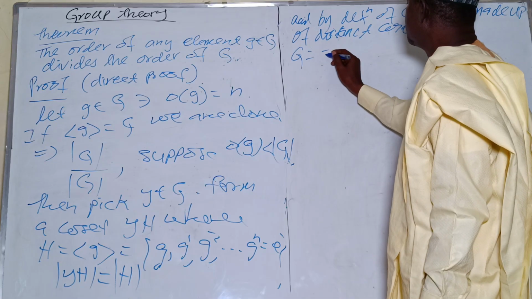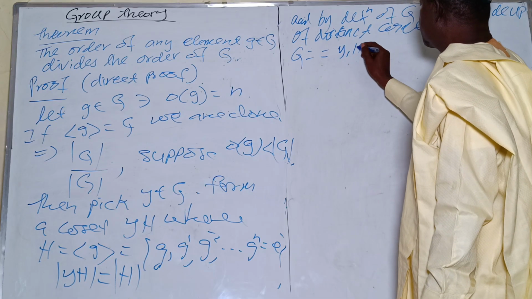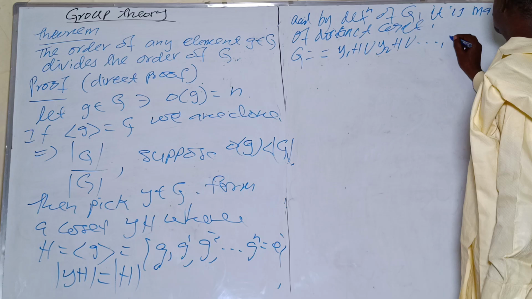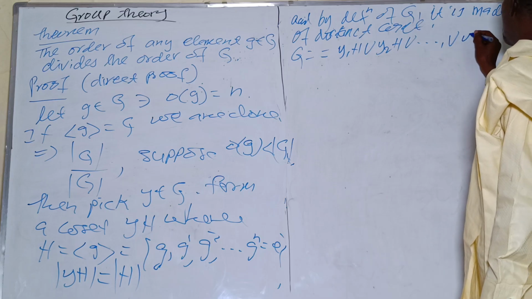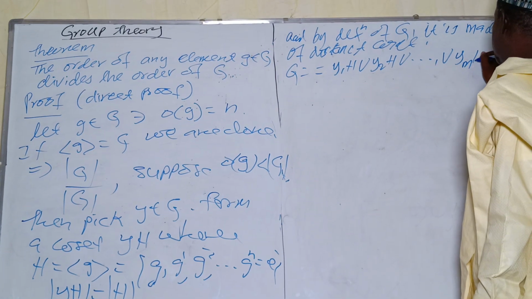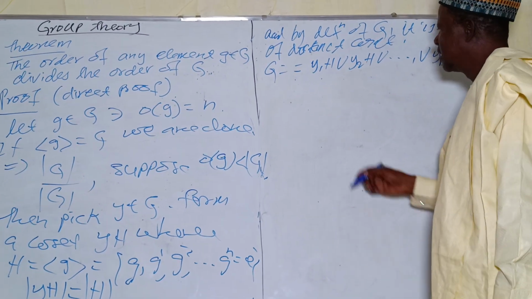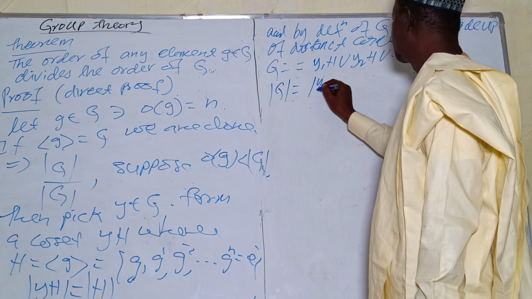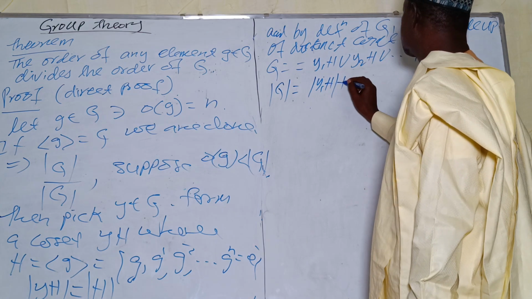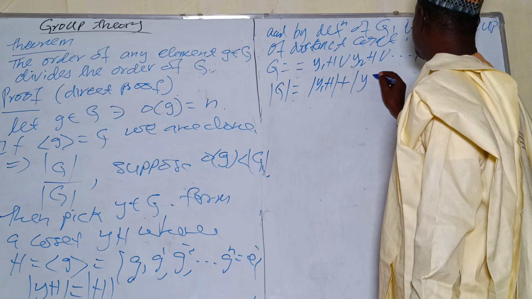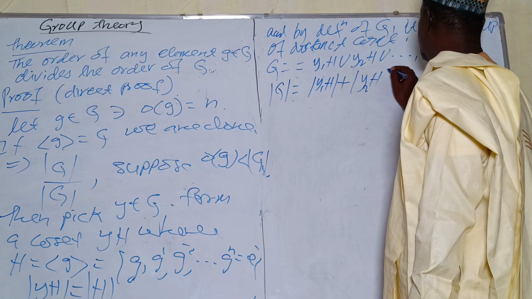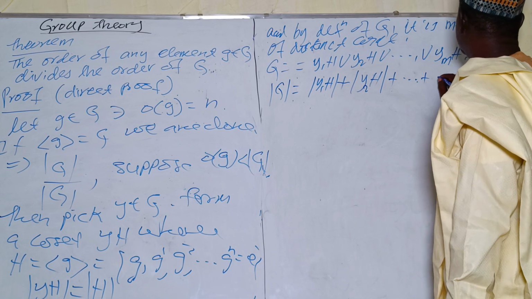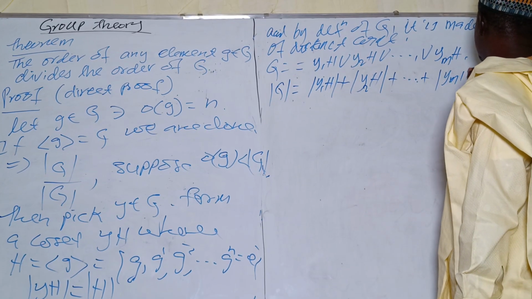So we require G to be equal to maybe y1H union y2H union up to union maybe ymH, okay? Then the order of G will be equal to the order of y1H plus the order of y2H, plus up to plus the order of ymH.